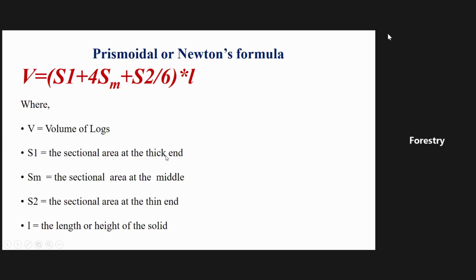I explained what the thick end, middle and thin end are in the calculation of diameter. Sm is the cross-sectional area at the middle, S2 is the cross-sectional area at the thin end, and L is the length of the log.